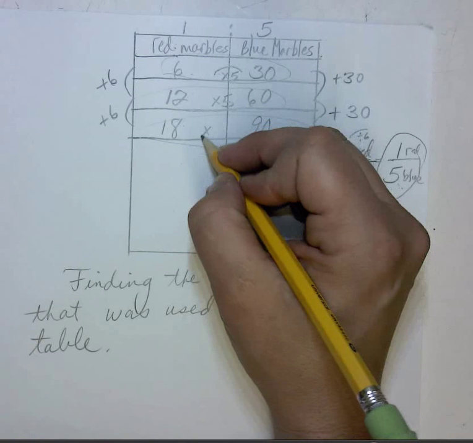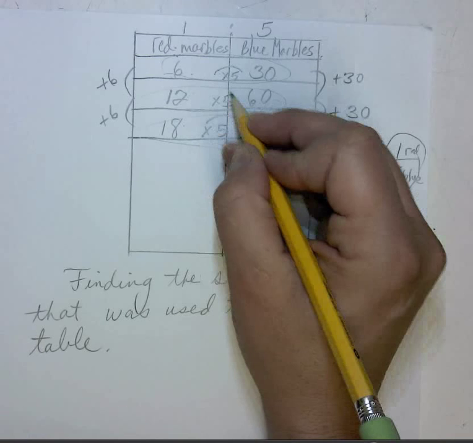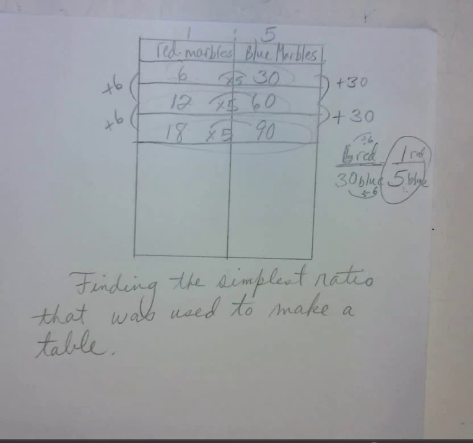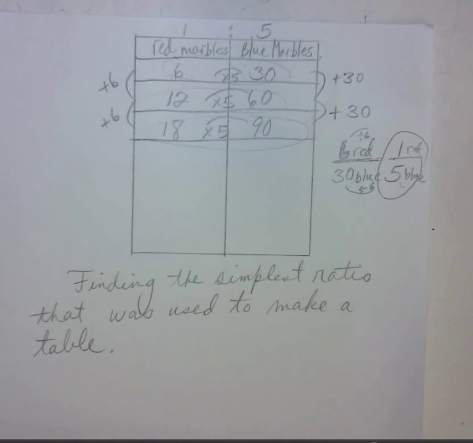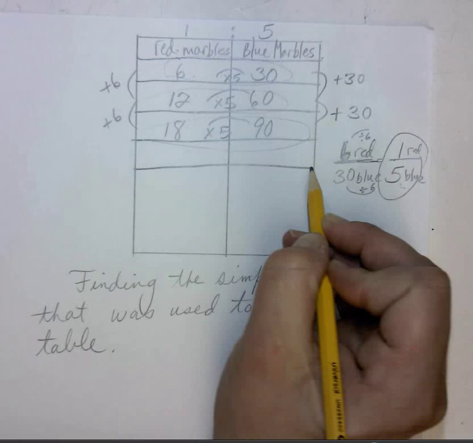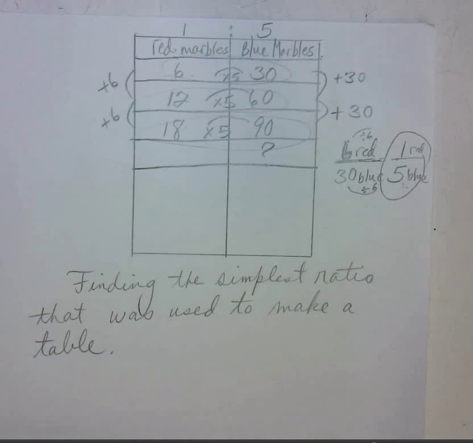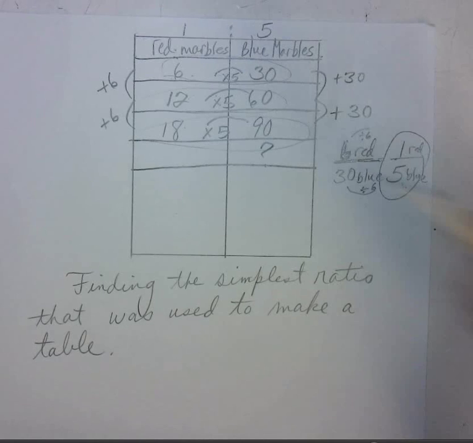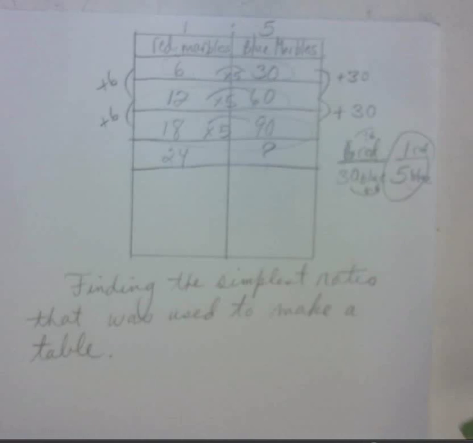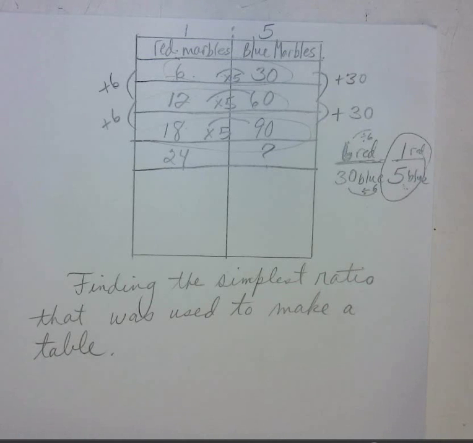And then I might ask you something like, how many blue marbles will I have if I have 24 red? Well, then you should know what you have to do is just multiply 24 times 5, and that will give you the correct answer.